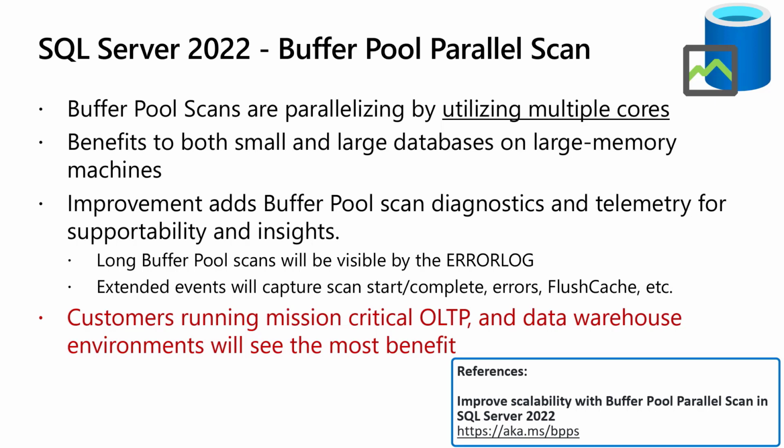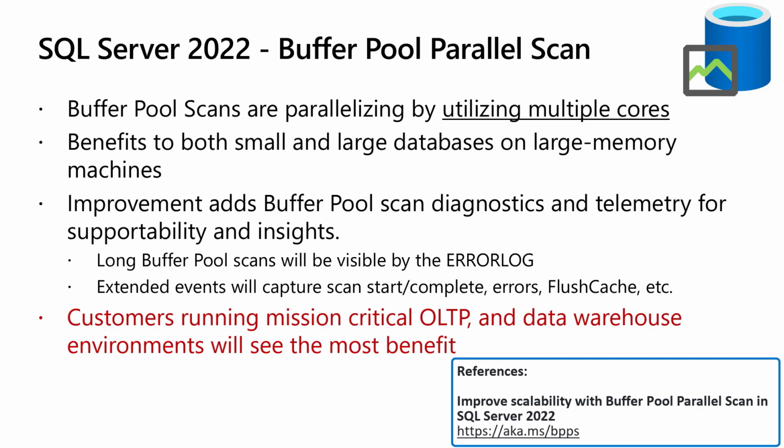The parallel scan feature also improves the buffer pool scan performance of small databases residing on large memory machines. Again, this improvement adds processing power to scan the buffer pool more efficiently, so even small operations on large machines will show a benefit. And this is a general benefit that many customers will witness simply by upgrading to SQL Server 2022.